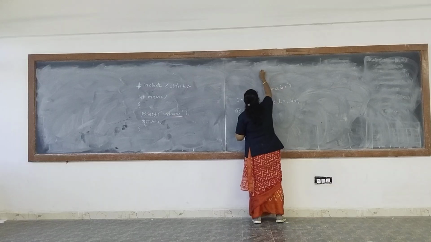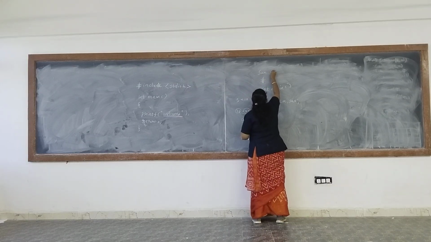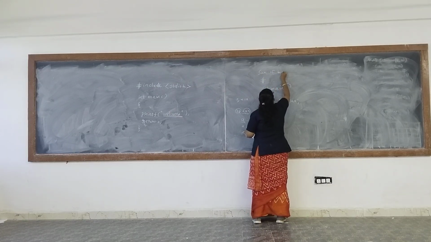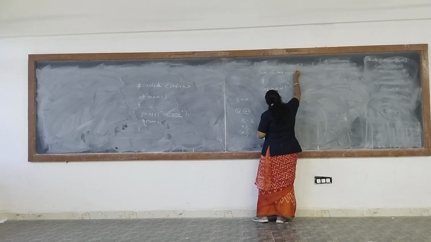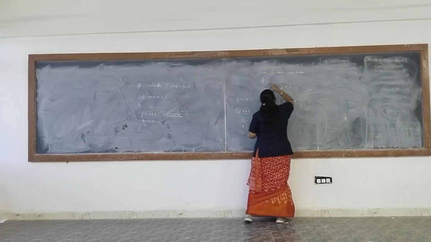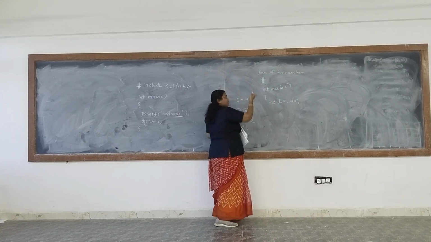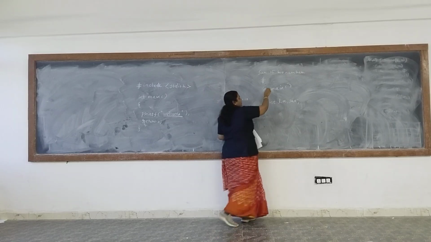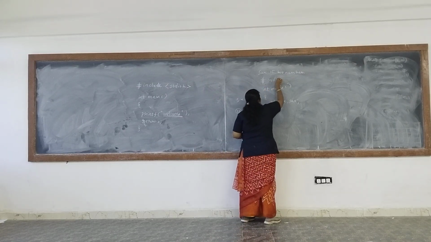So what is the program? Sum of two numbers. You already know this: first you go to the header file.